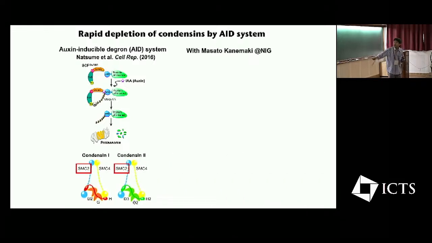Here, SMC2, a common subunit of condensin I and condensin II, was tagged with mAID and also mClover to monitor the depletion efficiency. We then stably expressed H2B-HaloTag in this cell line.